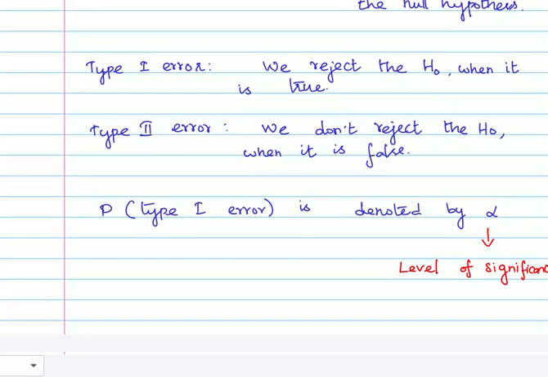The probability of committing a type 1 error is denoted by alpha. This is also called the level of significance.